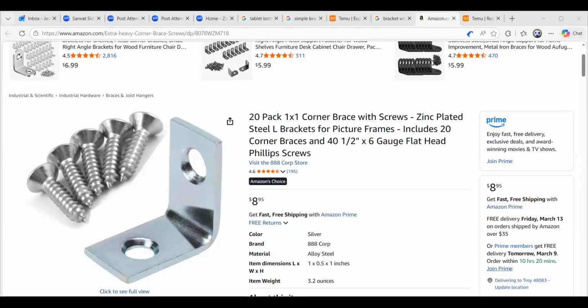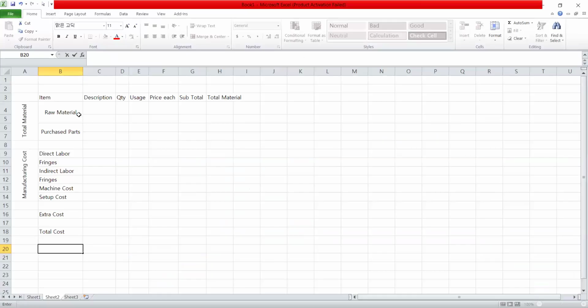Like in this case, if I have to go for the raw material, again, I'll have to show you my Excel file. So any costing, you will have this factor. Let me copy and paste so that I don't have to switch the screen.